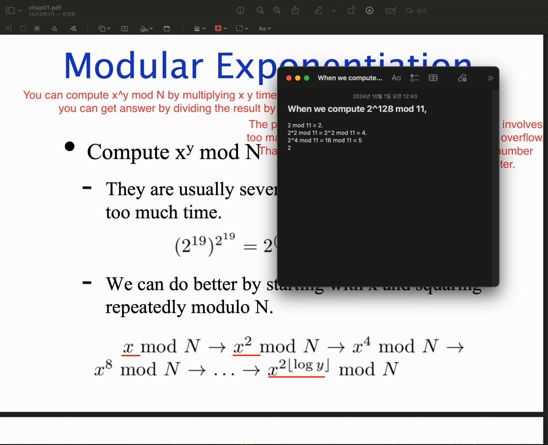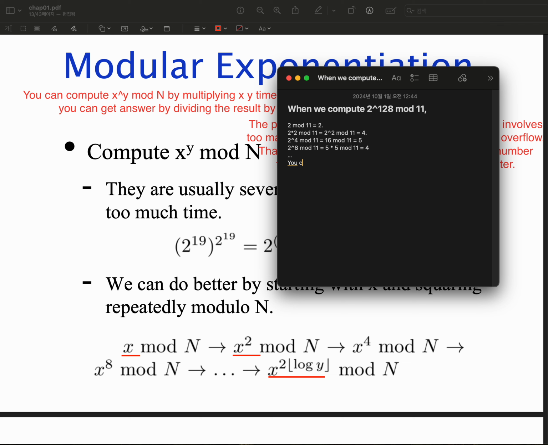And 2 to the 8 mod 11 equals 5 squared, which is 4.